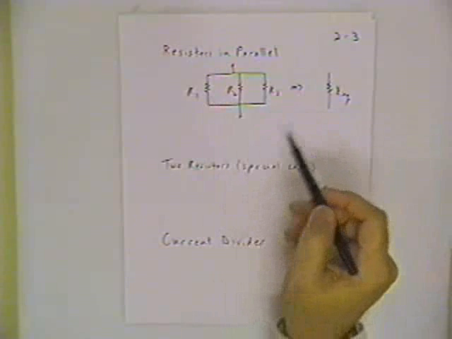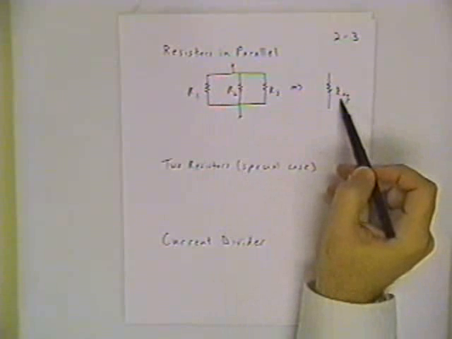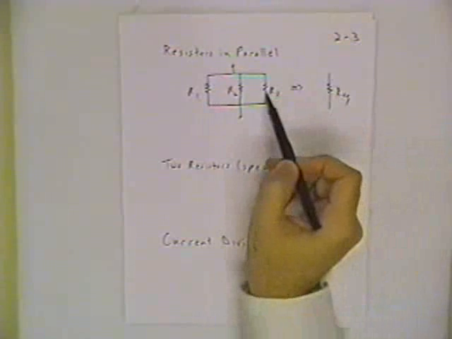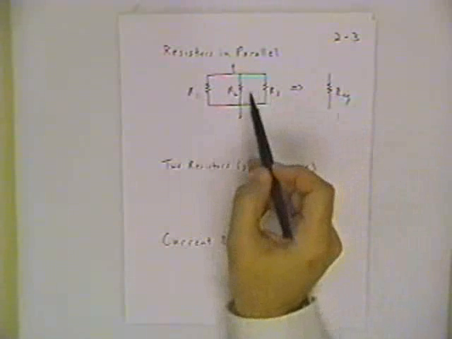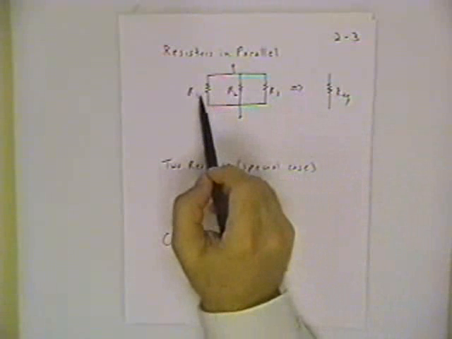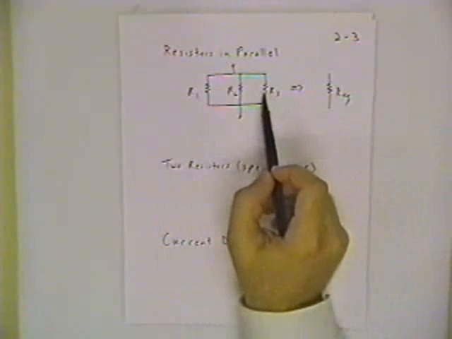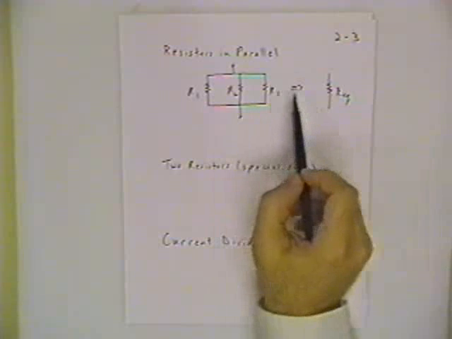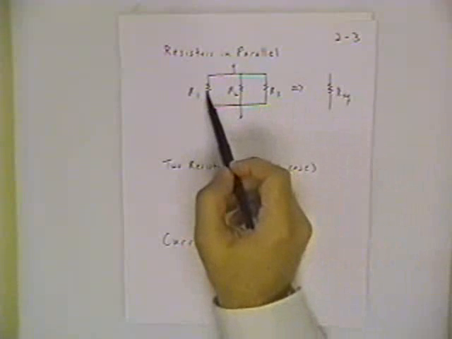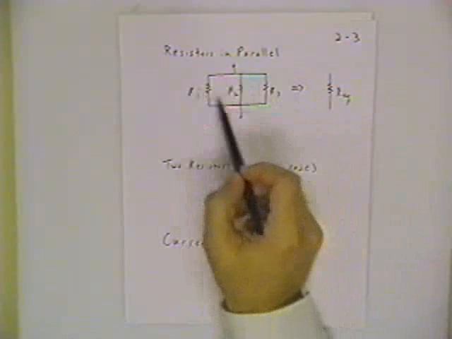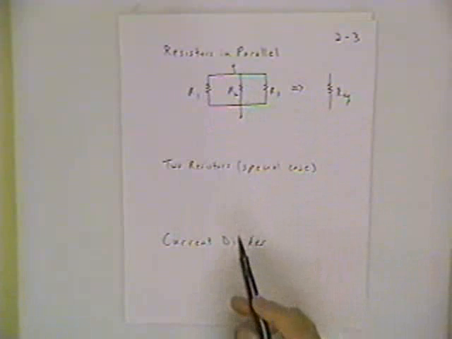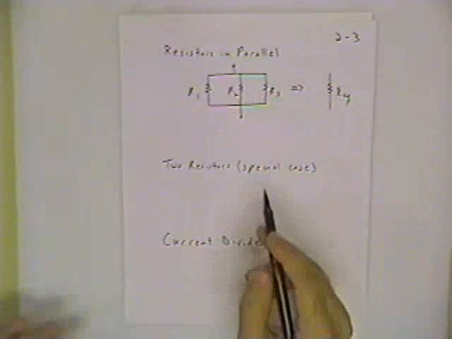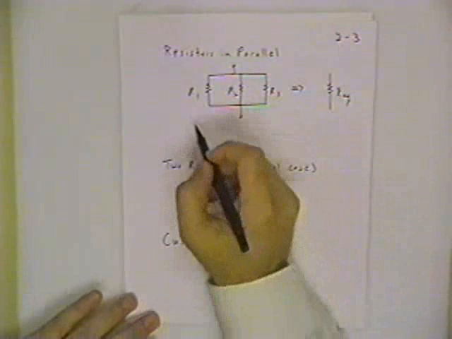With all three of these resistors in parallel, we should get a number over here for Req that's less than the smallest of these three. So, for instance, if this were a 1 ohm, a 2 ohm, and a 3 ohm, even before calculating it, I know that the Req is going to be less than 1 ohm, because that's the smallest of the three resistors. That's a good thing to keep in mind when you're checking your calculations.